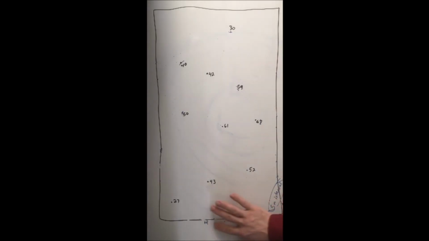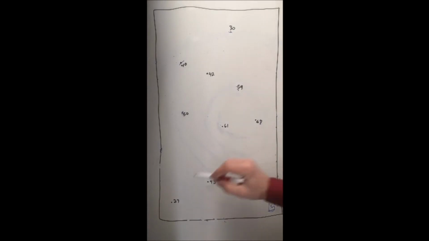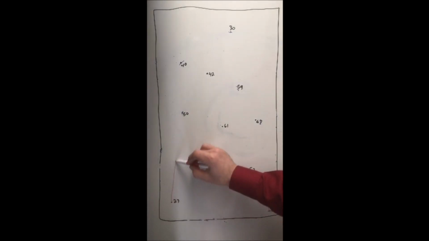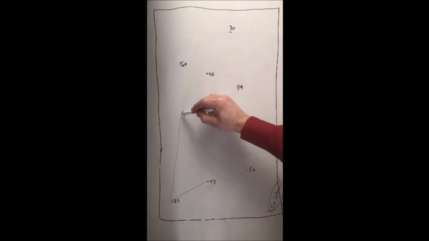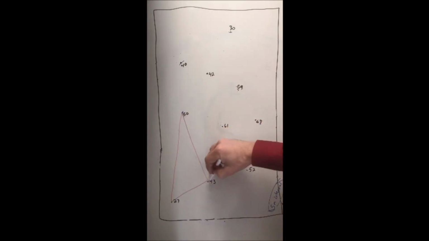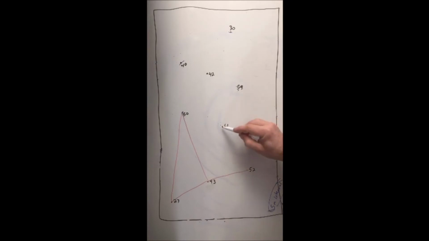So we're going to stick with a 5-meter interval, but we're going to start by creating triangles connecting all of the points. So we'll connect the data points like this.